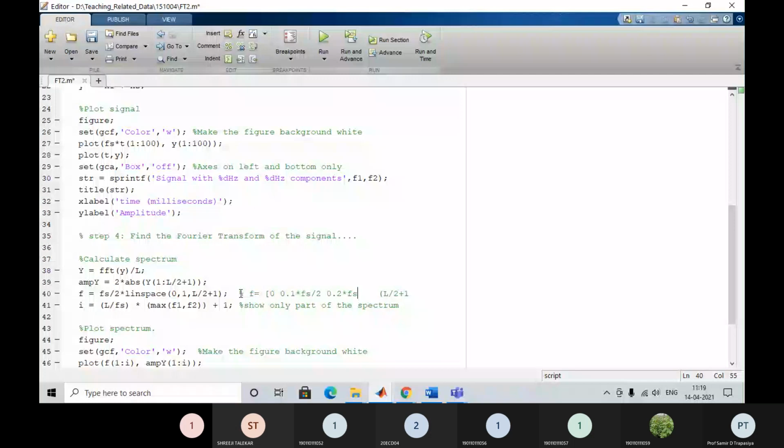So we are creating this x-axis for the frequency domain, and the range of this frequency is from 0 to fs by 2.